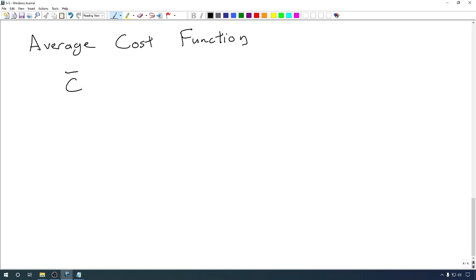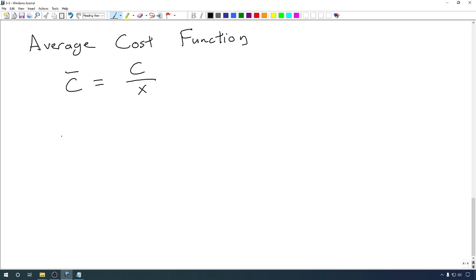We're going to put a bar over that C to denote the average cost. And that's going to be the cost divided by the number of units that are actually sold or produced, however we're talking about it. This is basically saying the total cost per however many units are in question.